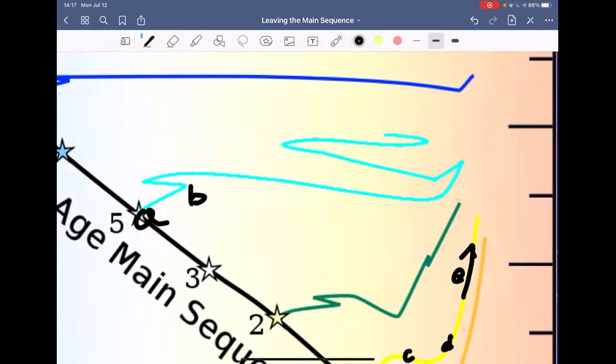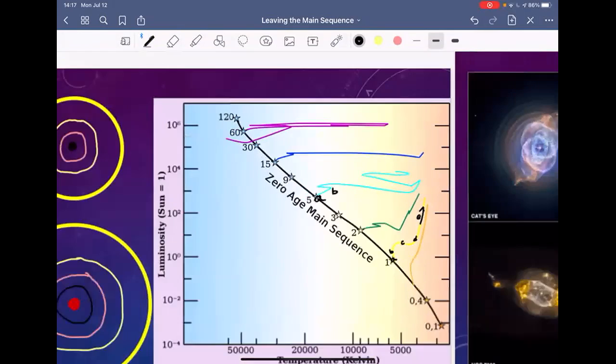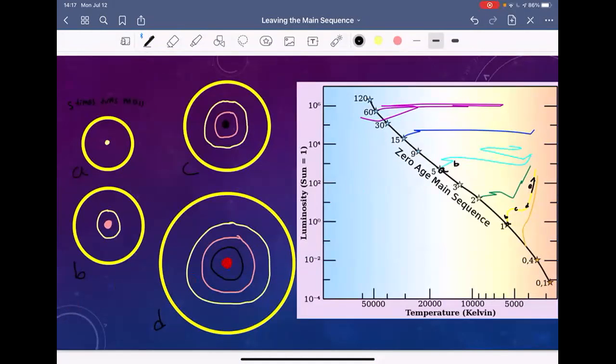This is B, right? Because the star gets bigger, you can see that this temperature where it was at A is now much cooler when it was at B. If it was at maybe 20,000 degrees Kelvin or Celsius at the surface of the star as a main sequence star, now when it transitions to a red giant, when it starts fusing helium, the surface temperature gets cooler because the surface is much further away from the core. So that's where B is.